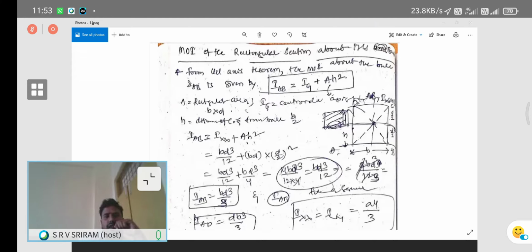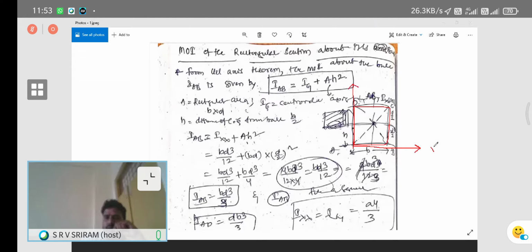For this I have taken a rectangular section as our regular geometrical figure. If I want to find the moment of inertia, I have to consider two cases. One is by taking the xy plane as a reference axis.